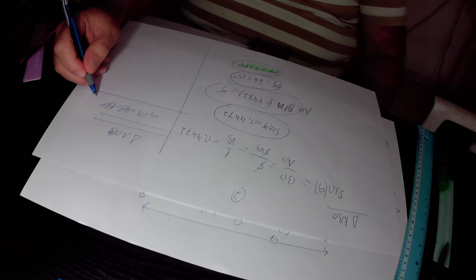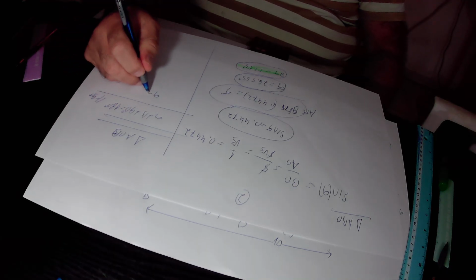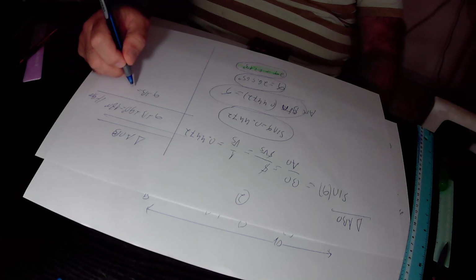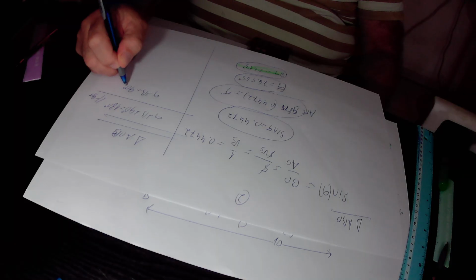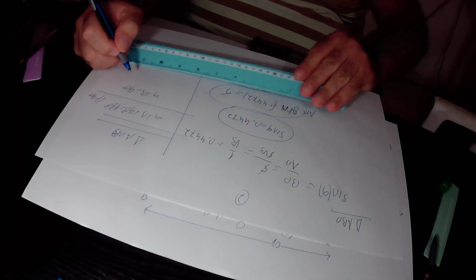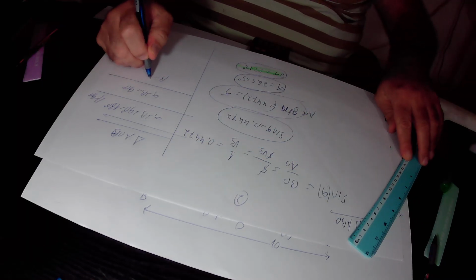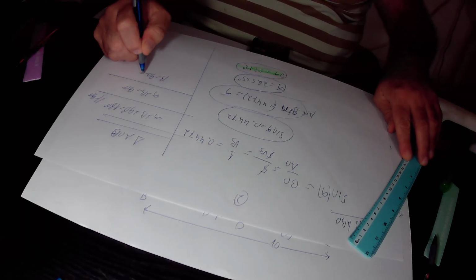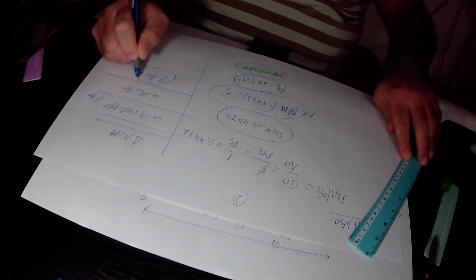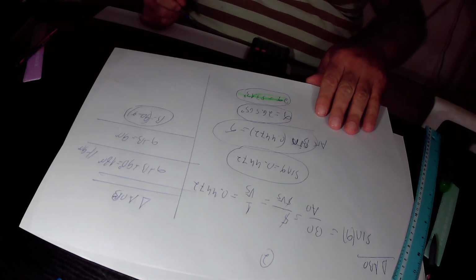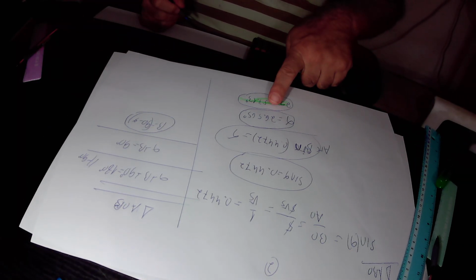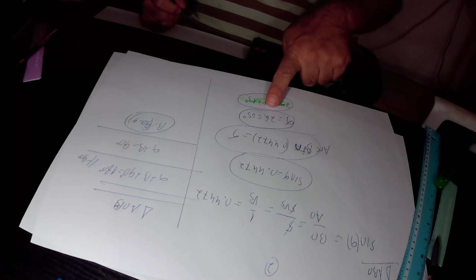Here we subtract 90 degrees from this equation and get that alpha plus beta equals 180 degrees minus 90 degrees, which is 90 degrees. Then we subtract alpha from this equation and get that beta equals 90 degrees minus alpha. We already found that alpha equals 26.565 degrees.